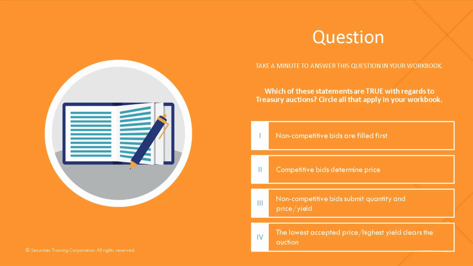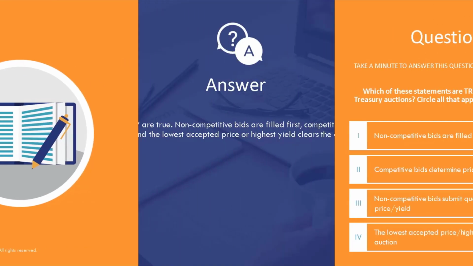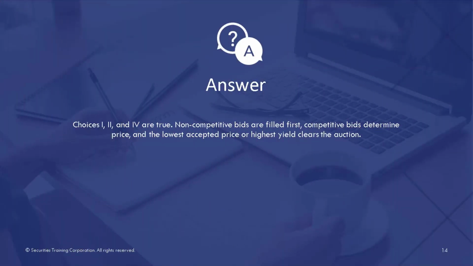And finally, 4, the lowest accepted price or the highest yield of the accepted yields clears the auction. And that is true. Everybody is filled at that lowest price or highest yield that clears the auction.